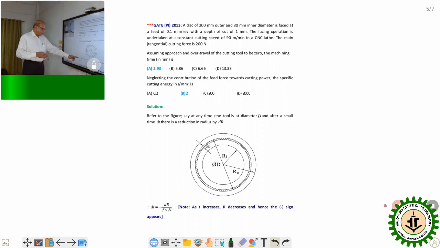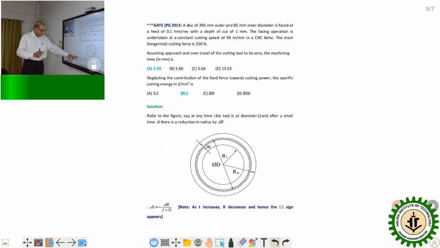So dt will be equal to distance traveled divided by velocity. If you multiply feed with the RPM, you will get linear velocity, that is some millimeter per minute. So dividing distance traveled, that is dr, by velocity, you will get the small time dt.